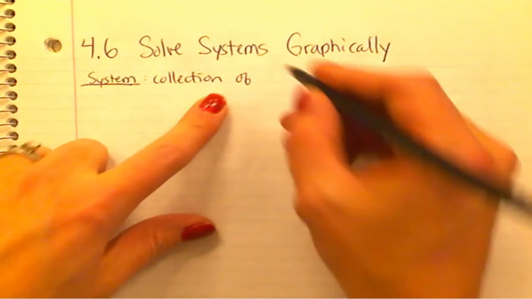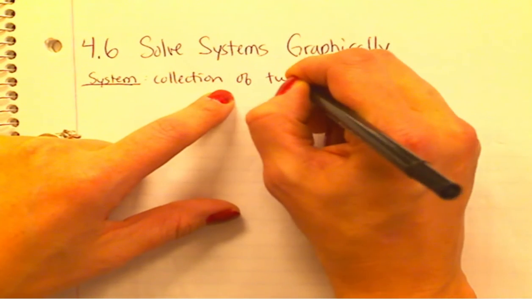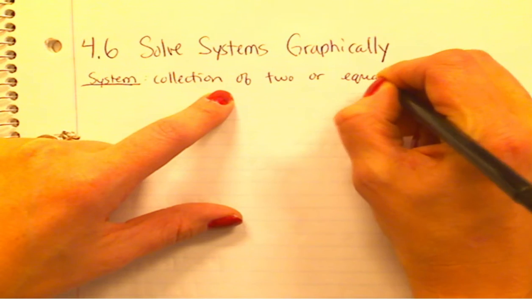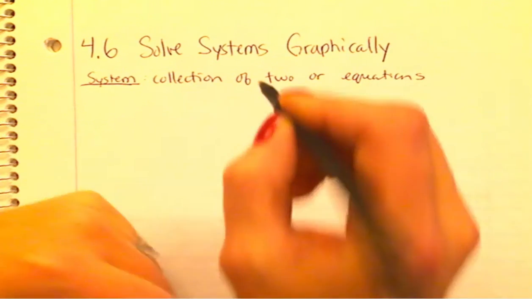Okay, a system is a collection of two or more equations.